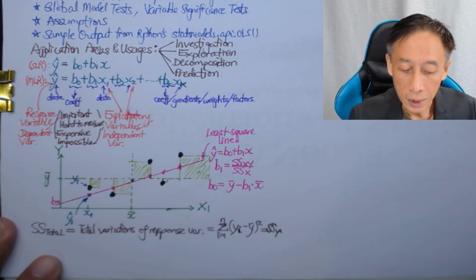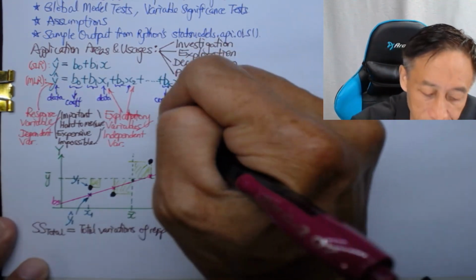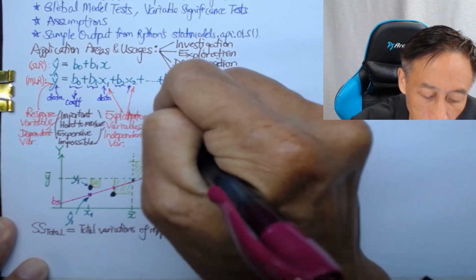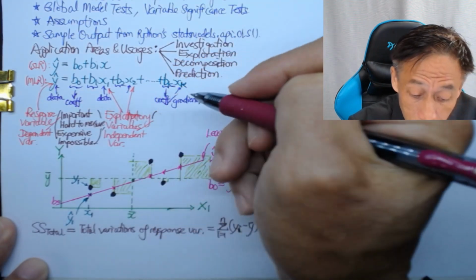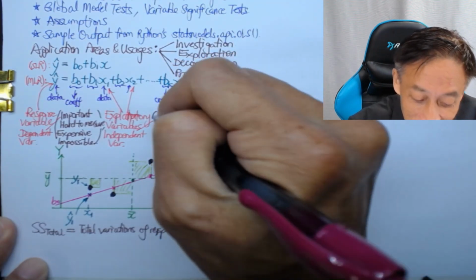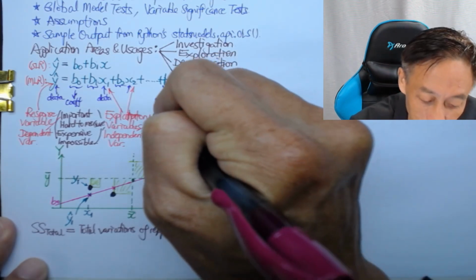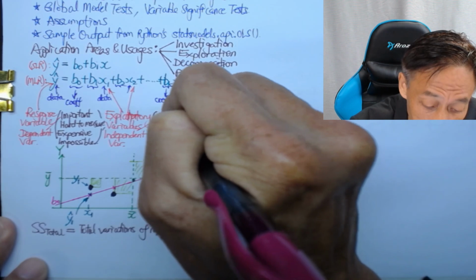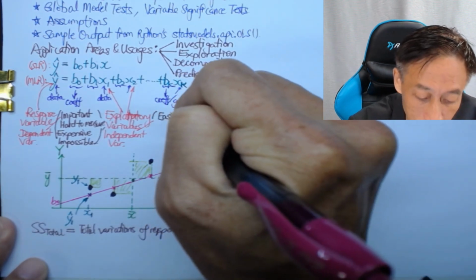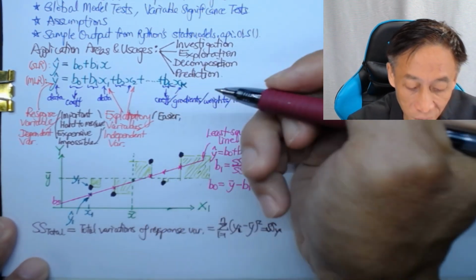Explanatory variables, on the other hand, are easier to get, easier to measure, readily measurable and occurring in abundance.